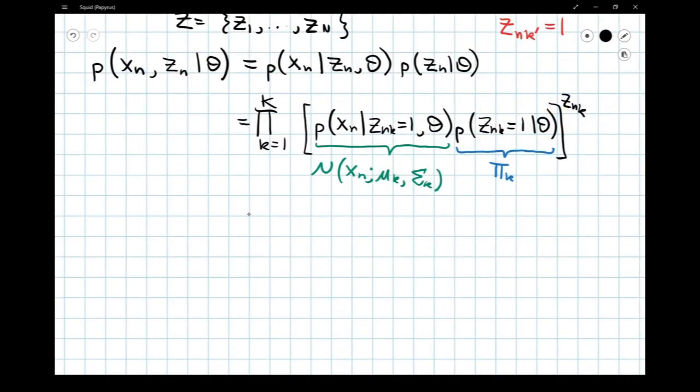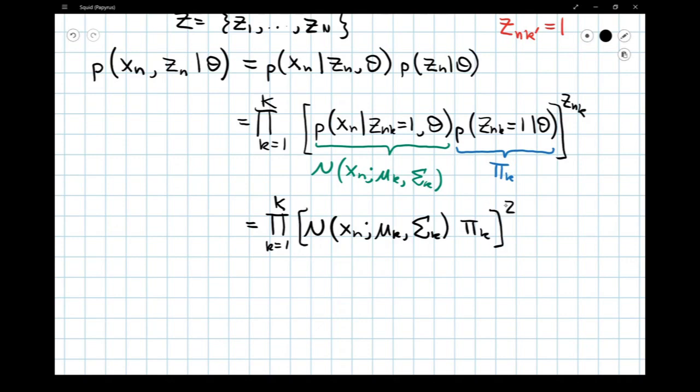So we end up with this product over k equals 1 to capital K, with a normal distribution with mean mu k, covariance matrix sigma k, and then pi k, all placed to the power of znk.